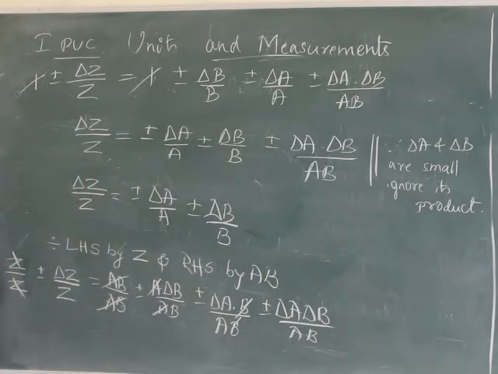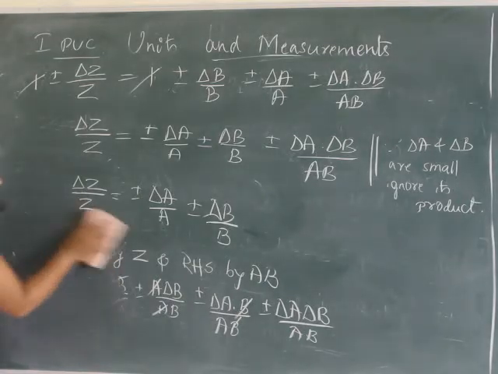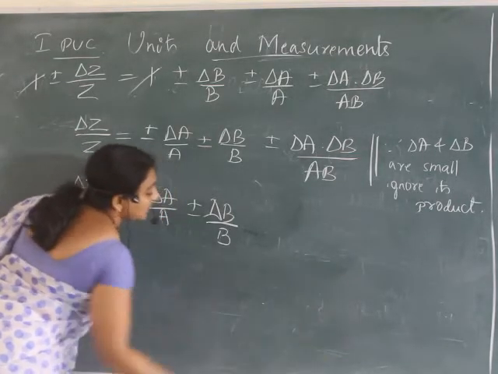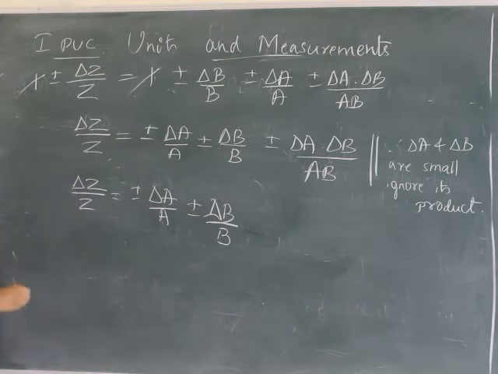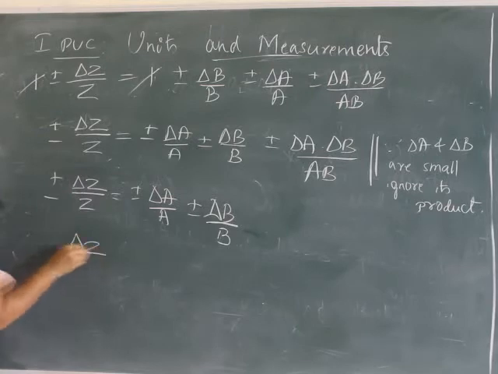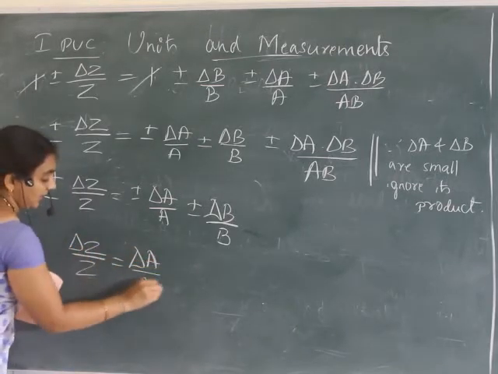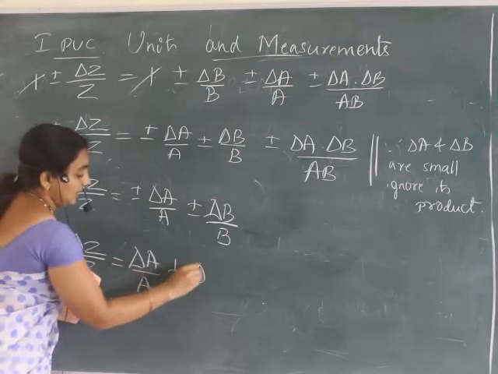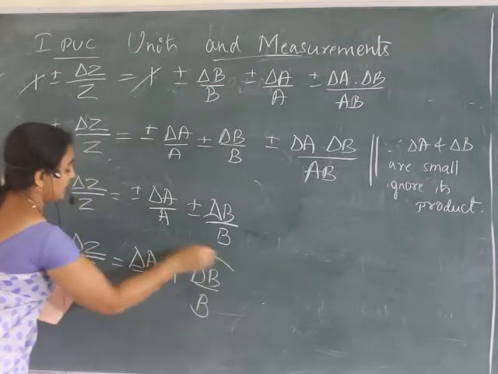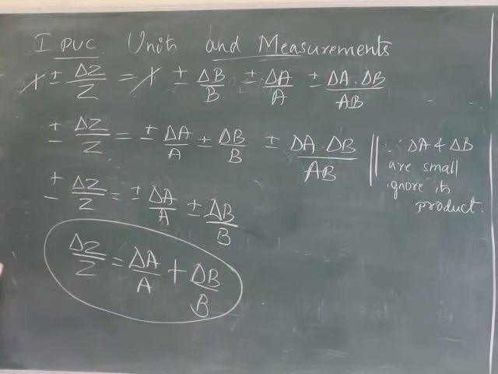Correct? What is the maximum relative error then? Maximum means only adding, correct? So I can write, delta Z by Z is equal to delta A by A plus delta B by B is the maximum relative error.